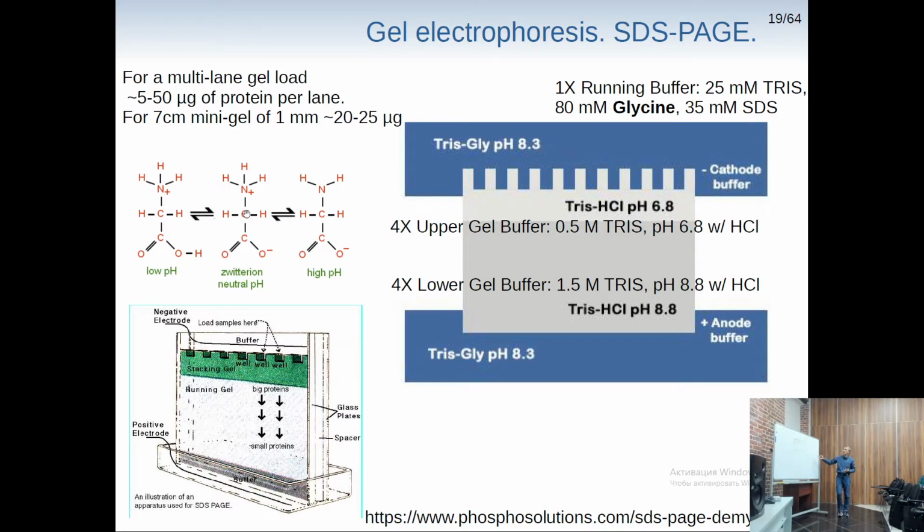And our glycine here is also without any charge, so it will just be there. And then glycine will also migrate, and this pH will be different and will have charge carriers. And this glycine will push our proteins through the resolving gel here, but from one starting position.